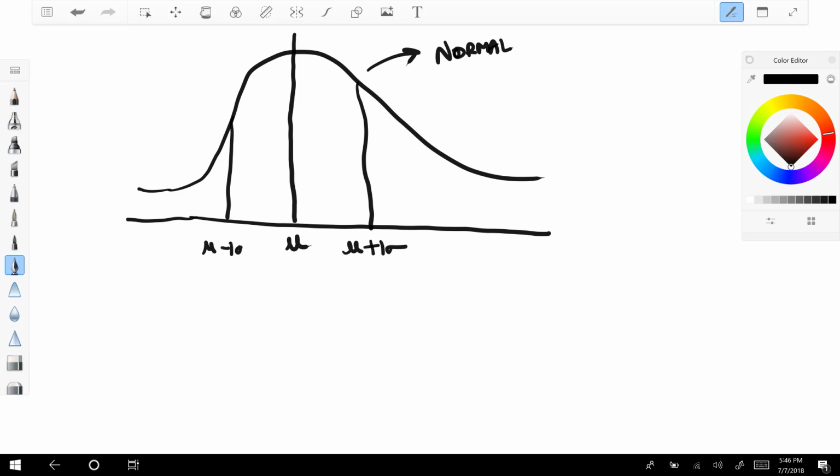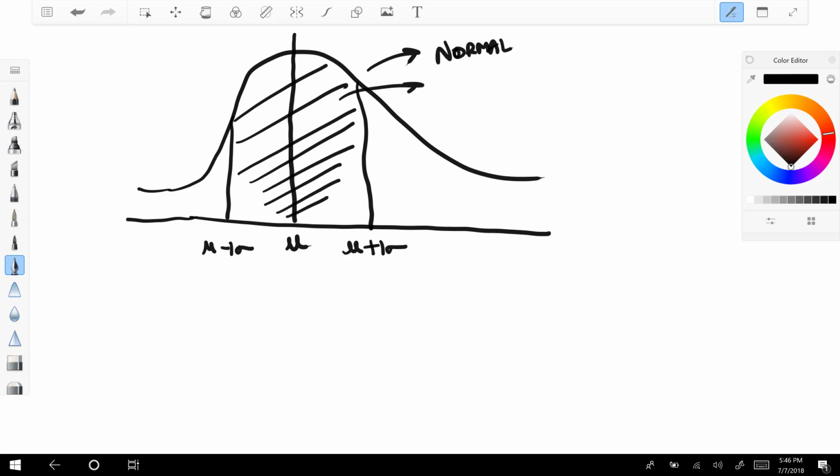So this area in the normal distribution is 68%. What it is saying is 68% of the data will be within one standard deviation of the mean.